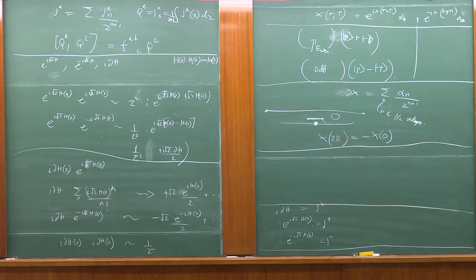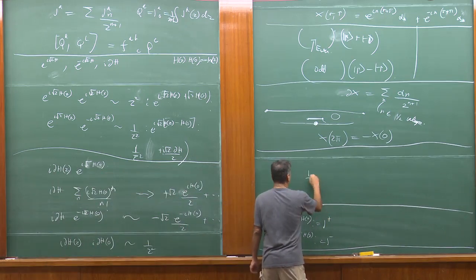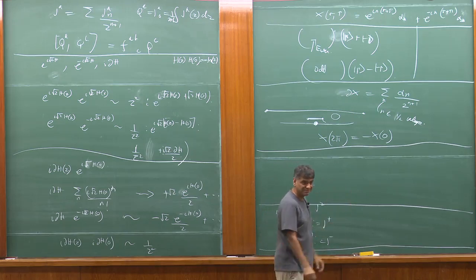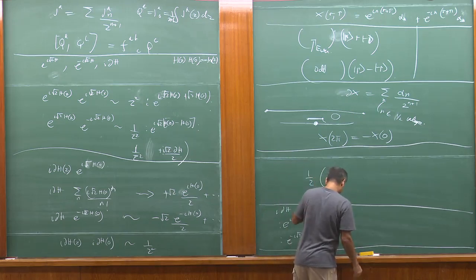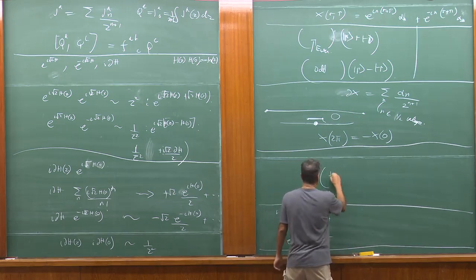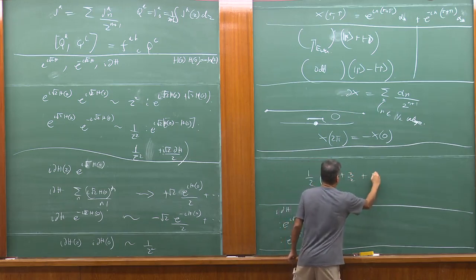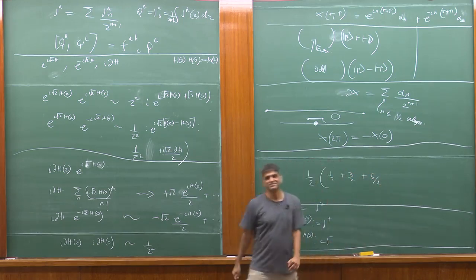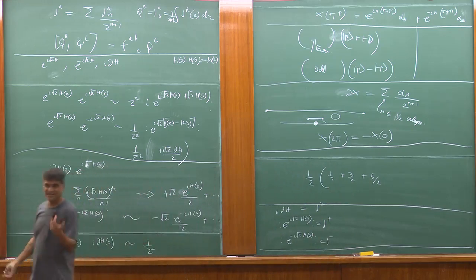Okay? Here we have to do a different sum, because now we have to do the sum. What is it? One by 2, because h bar omega by 2, into half plus 3 halves plus 5 halves, and so on, because the oscillator frequencies are half, 3 halves, 5 halves, and so on.